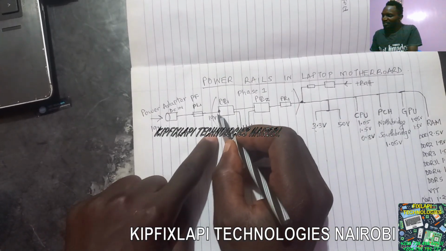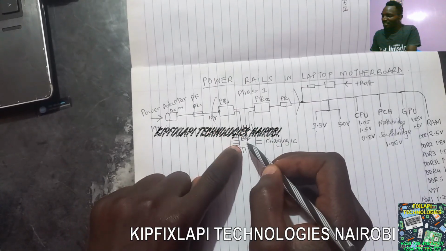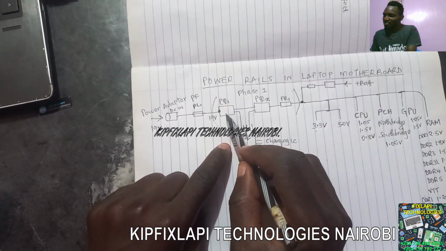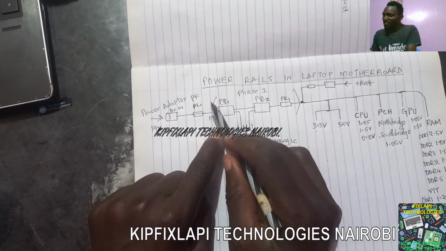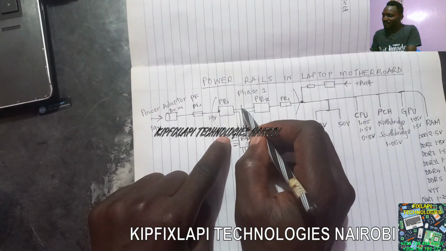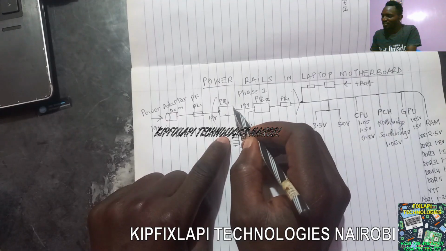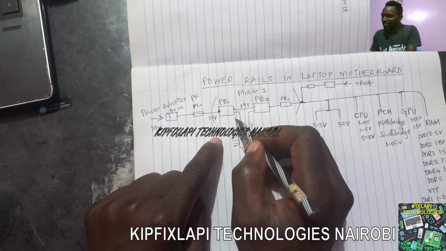So this 19 voltage enters here. This gets the signal from the gate of MOSFET 1, and it gives instruction to this MOSFET to forward that 19 past the source of this MOSFET. So this is the source, this is the drain, this is the gate.